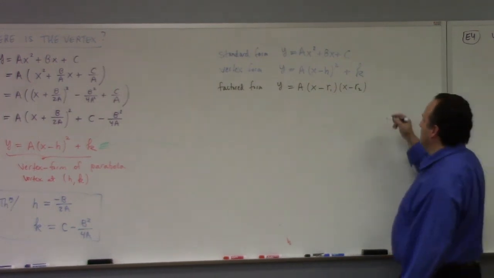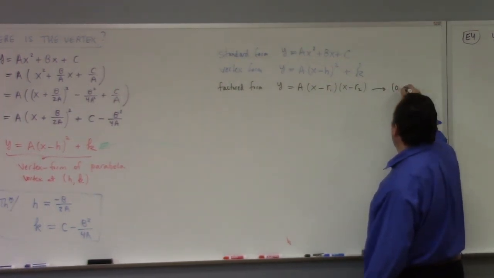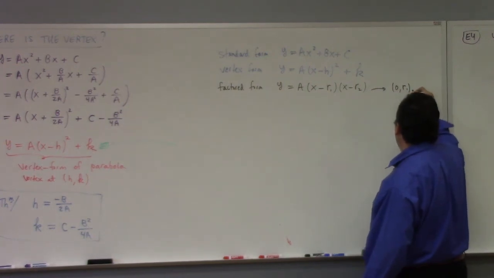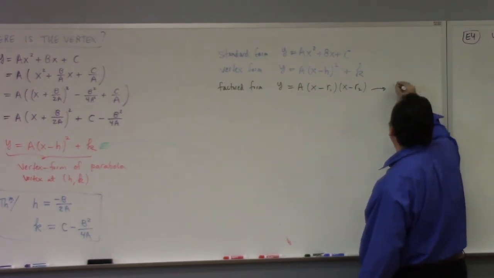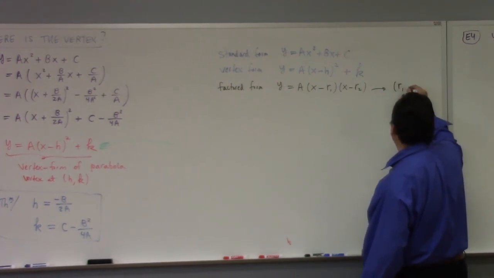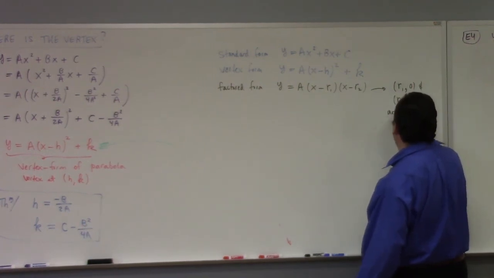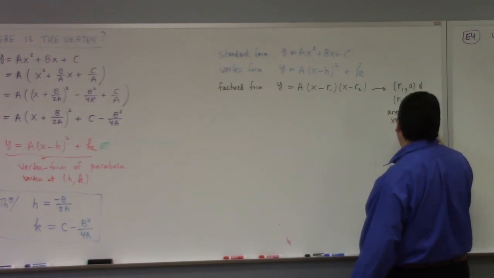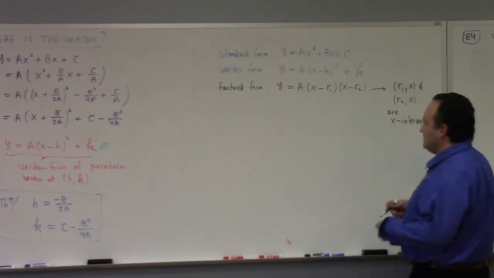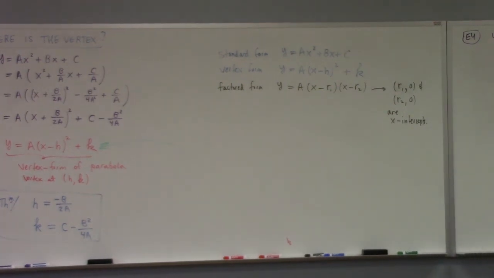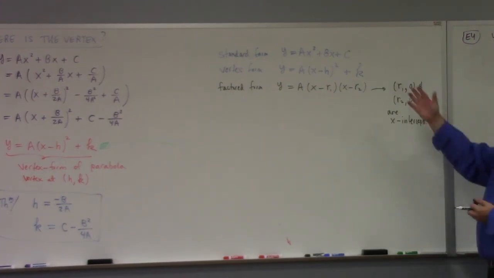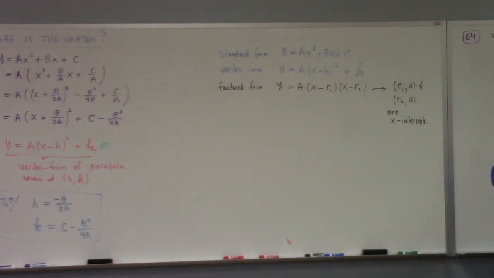This tells us immediately that r1, 0, and r2, 0 are what? Are x-intercepts, right? If you have it factored, then you can read the x-intercepts right off of it, right? So these are all important. I think in terms of graphing, of course, the vertex form and the factored form are very helpful.